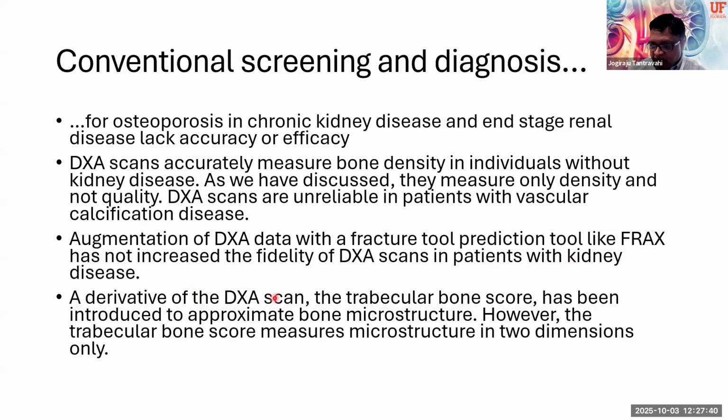A derivative of the DEXA scan, what's called the trabecular bone score, has been introduced to approximate bone microstructure, but the trabecular bone score measures microstructure in only 2 dimensions and has not been shown to be very additive regarding the predictive value of the DEXA scan.